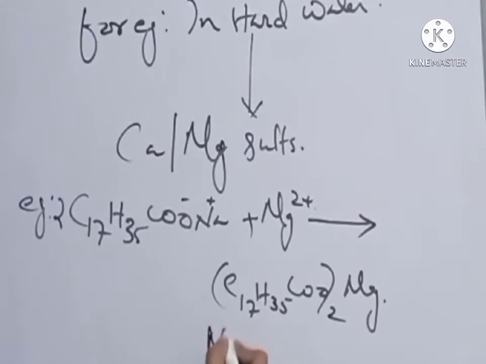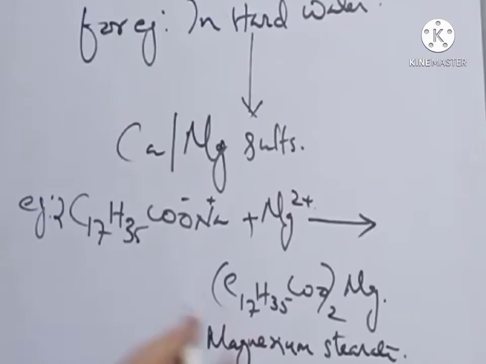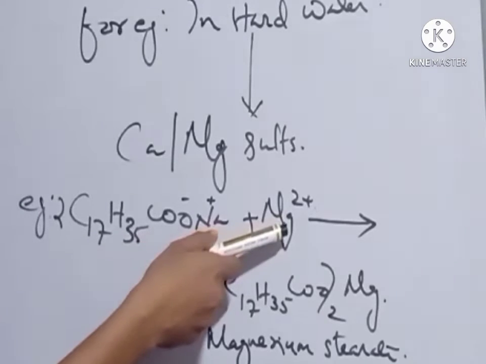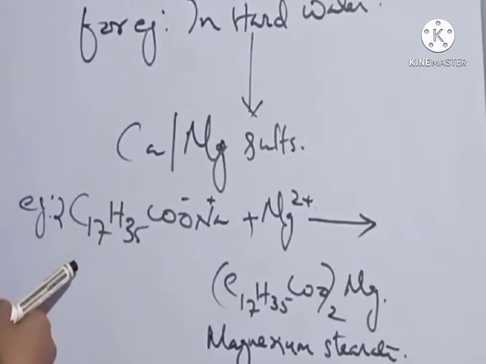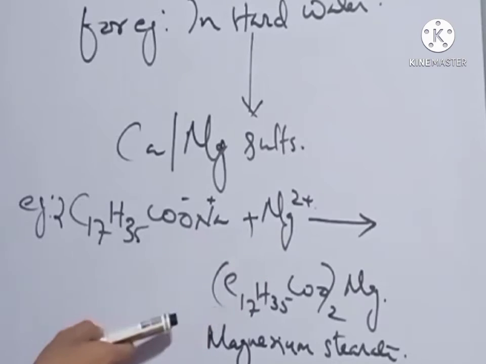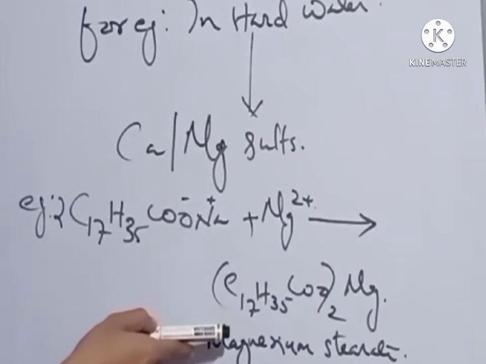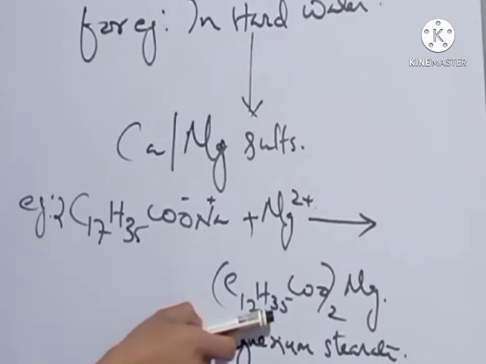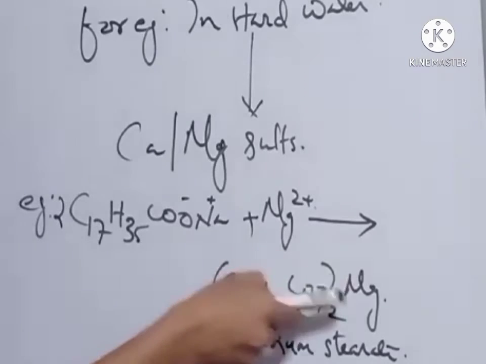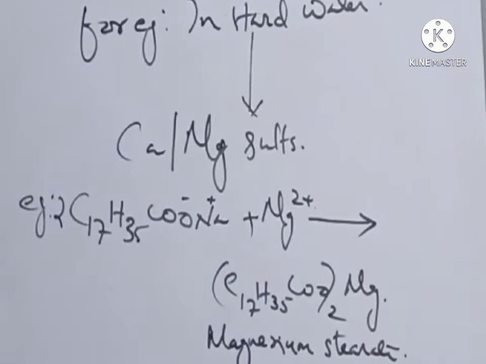Magnesium stearate will be formed, and this magnesium stearate is insoluble in water and will not form lather. In the same way, we can write the reaction of calcium ions with sodium stearate or any other molecule. Calcium stearate is formed, that is, C17H35COO twice with Ca, the new soap molecule formed there.